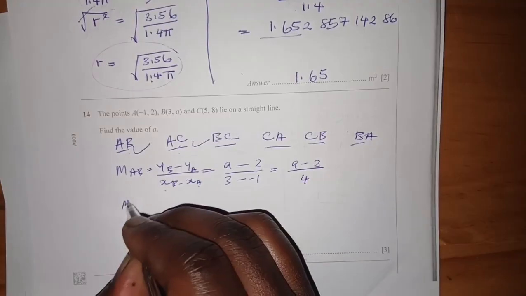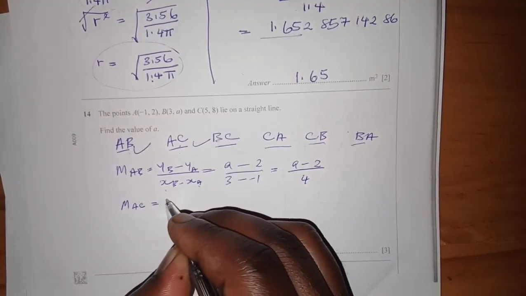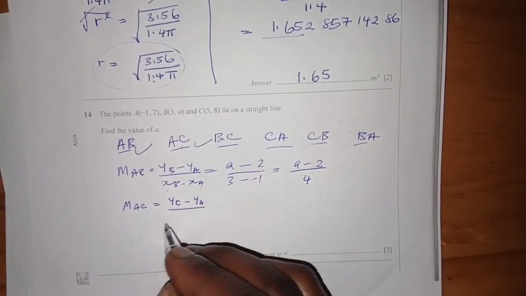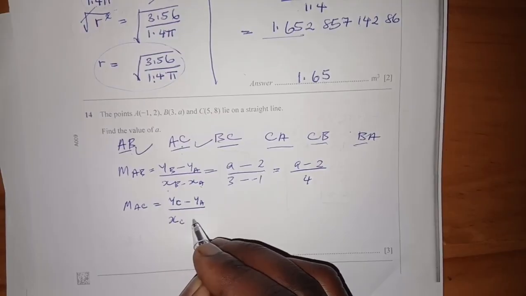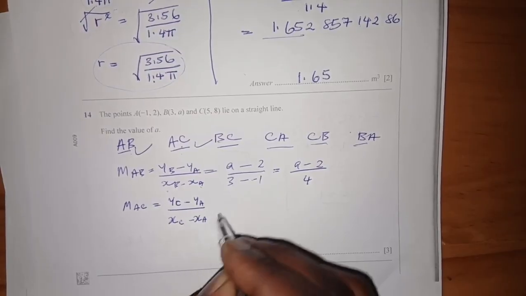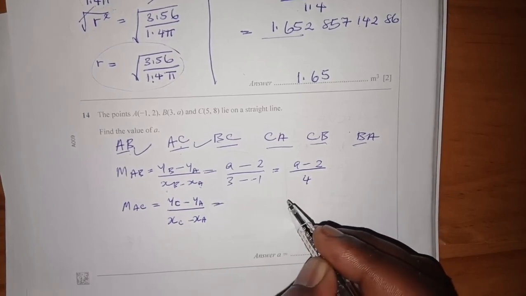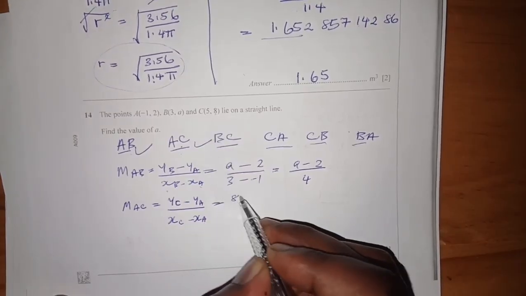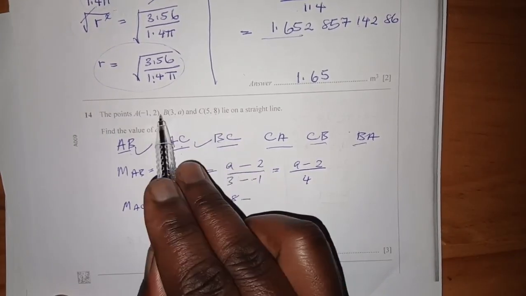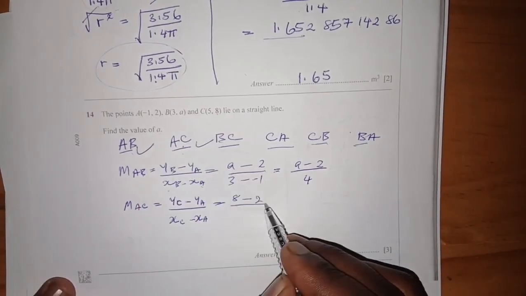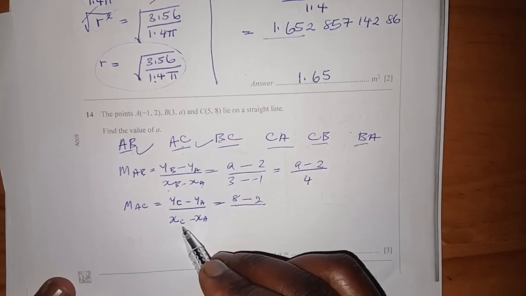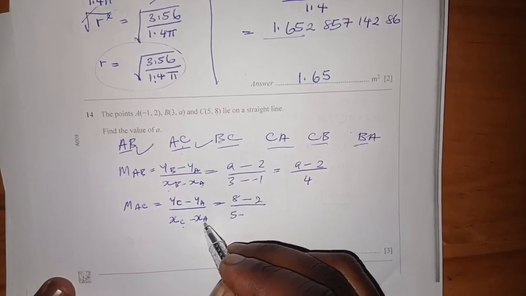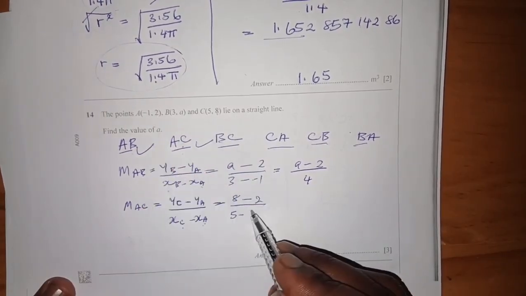So the gradient of AC is equal to y at C minus y at A all over x at C minus x at A. The value of y at C is 8, minus the value of y at A, that's 2, all over the value of x at C, that's 5, minus the value of x at A, that's -1.